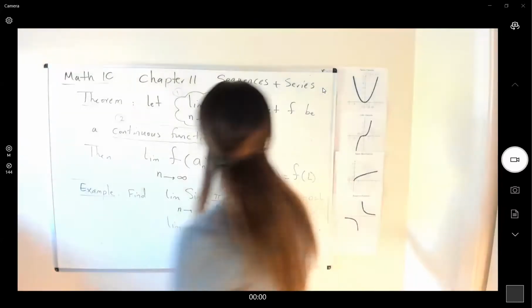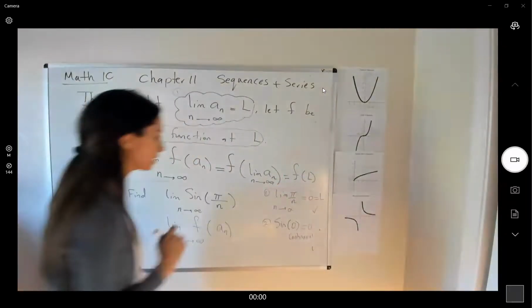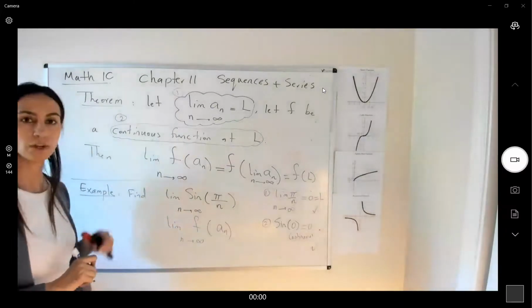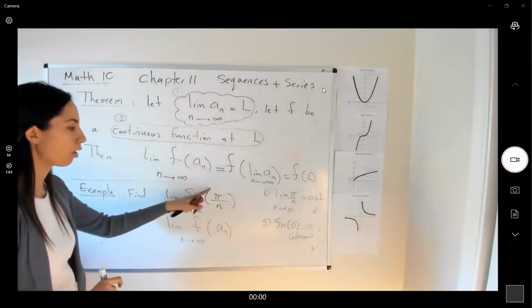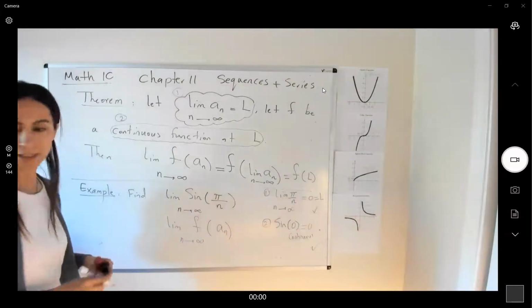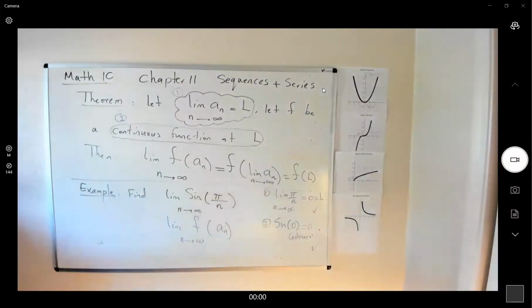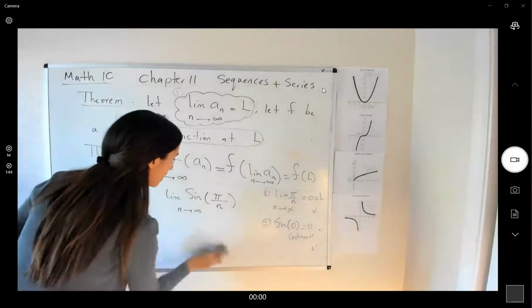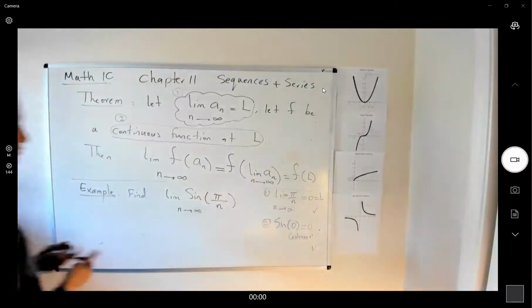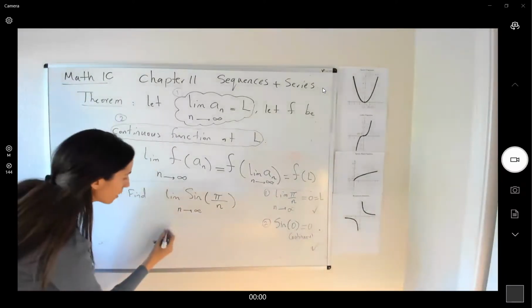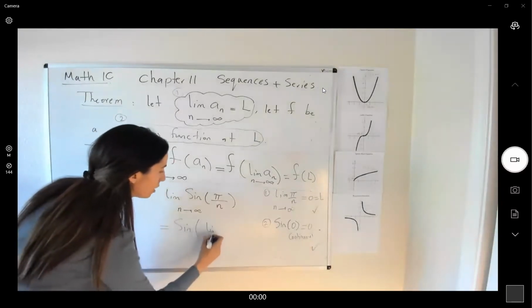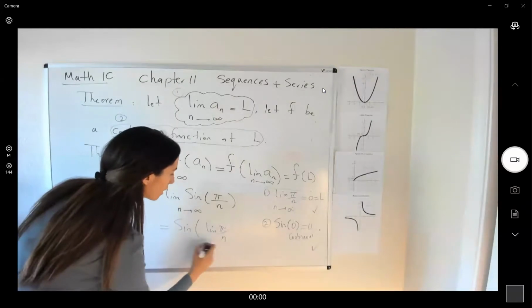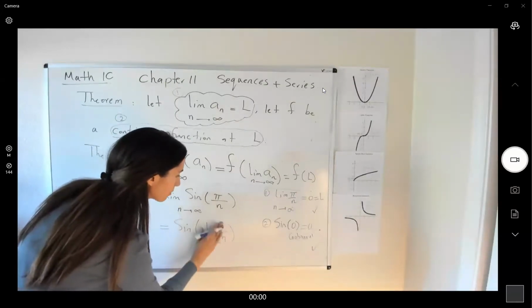So since these two conditions are met, we can apply the theorem and we can say that the limit of sine of pi over n is equal to the limit of f of a_n while n goes to infinity, which is nothing but the sine of the limit of pi over n while n goes to infinity.